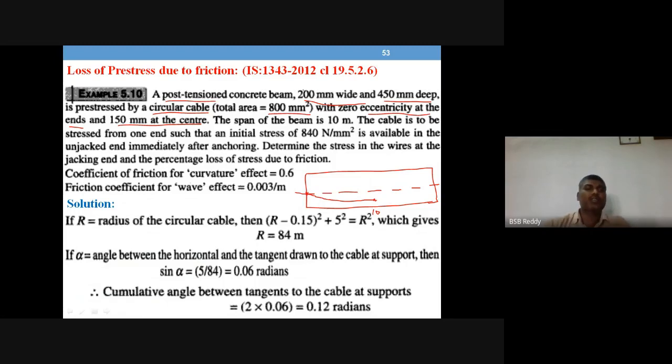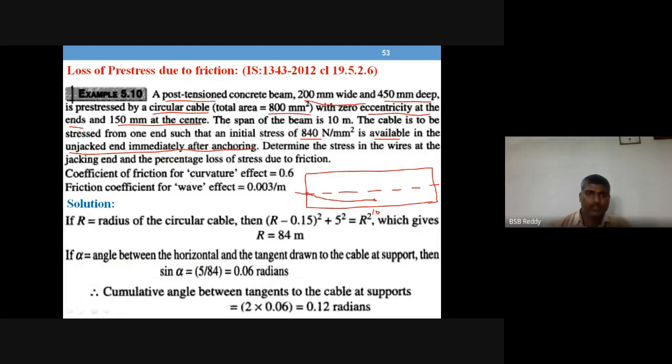The cable is to be stressed from one end such that an initial stress of 840 is available in the unjacked end immediately after anchoring. You have to read carefully whether the stress value given is P naught or Px.